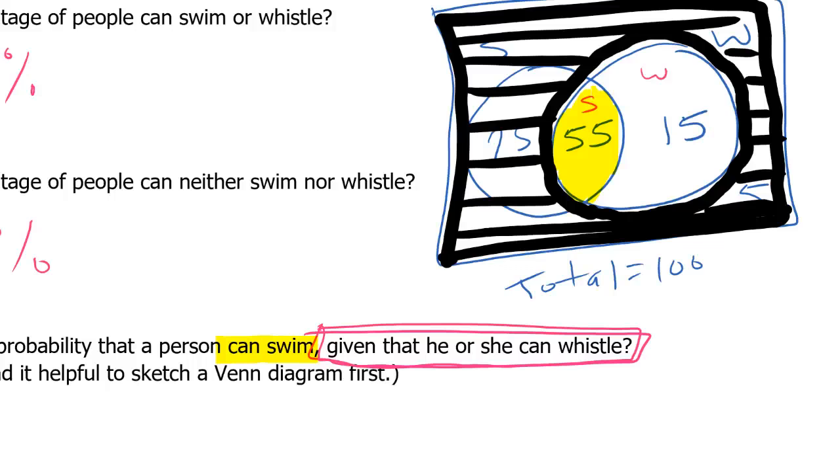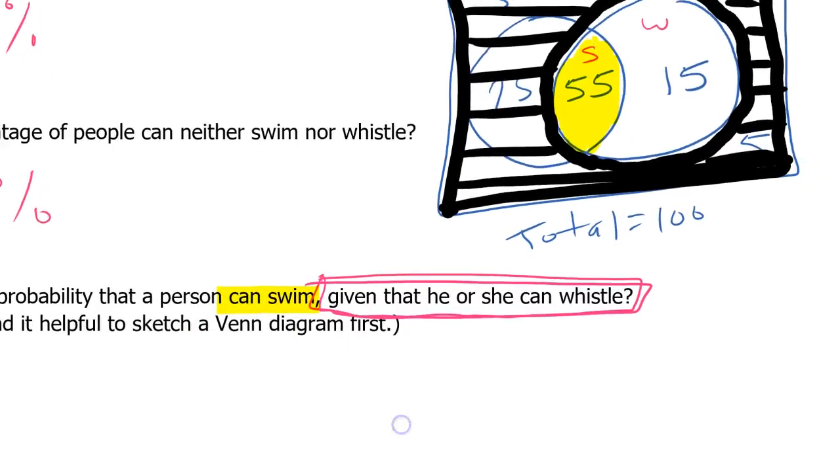What's the probability that we just shaded in? Well, that's target over total, so 55 is the target. Now the total is no longer 100. The universe has shrunk to just the whistlers, which was 70. The 55 and the 15, that's 70.